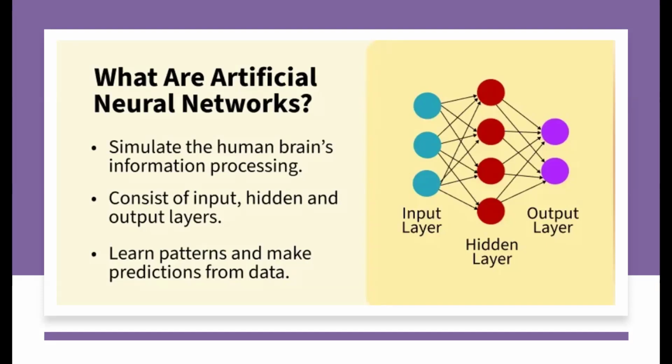Suppose, let us take an example. We have three images of cats, 1, 2, and 3. We will break them into different categories. Suppose the first cat is white, the second one is black, and the third cat is black or brownish.